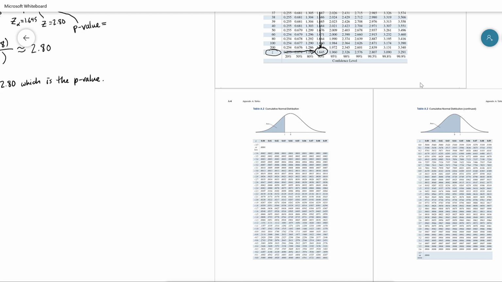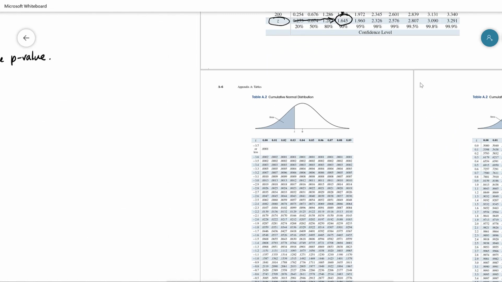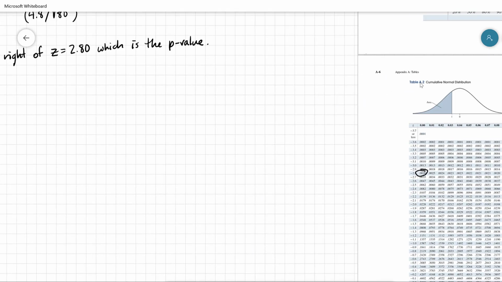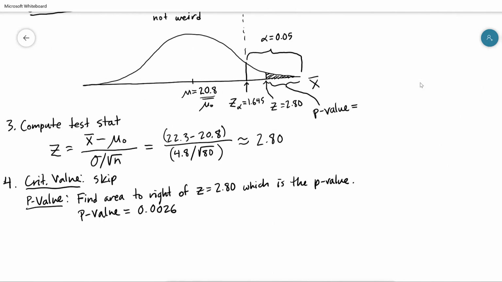So either of these two numbers, here's the z equals negative 2.8 number, or I can do 1 minus the z equals positive 2.8 number. Both of them give the same result. That area is the p-value, and the p-value is 0.0026. I'll go fill that in our picture up here, 0.0026.